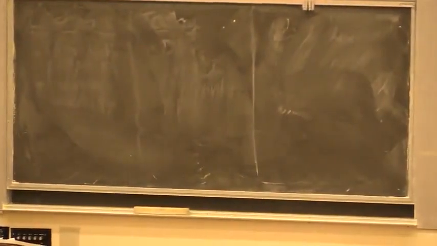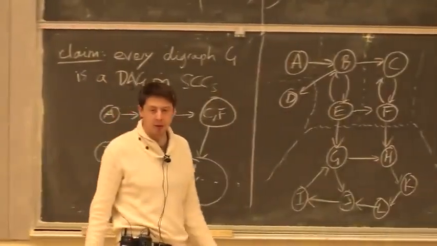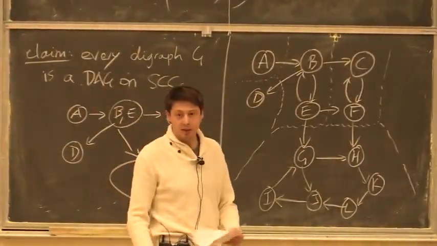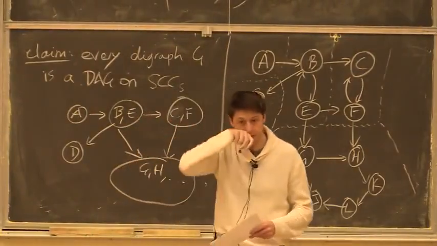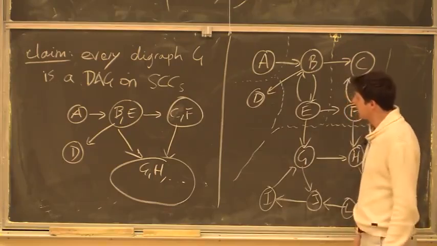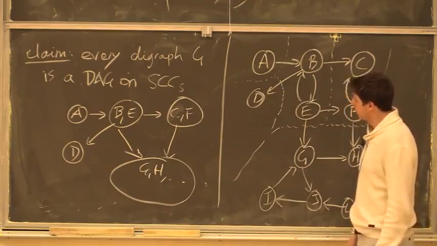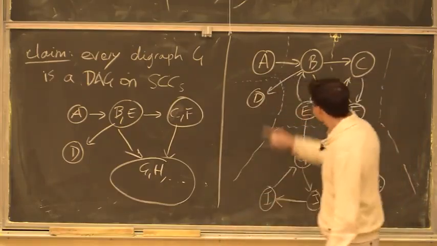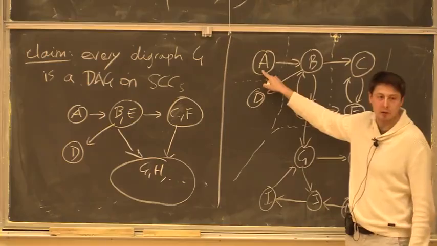Let's think of some intuition. We don't really have much at our disposal. We basically have only DFS, right? So we're going to have to somehow recycle something about DFS, this notion of exploring. So let's see. If I were to run explore from A, where would I go?